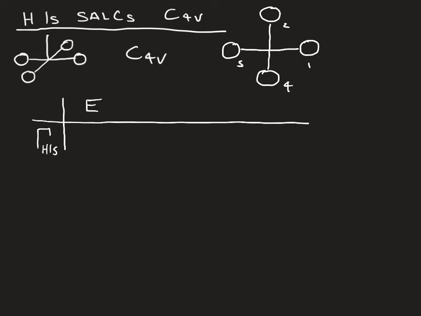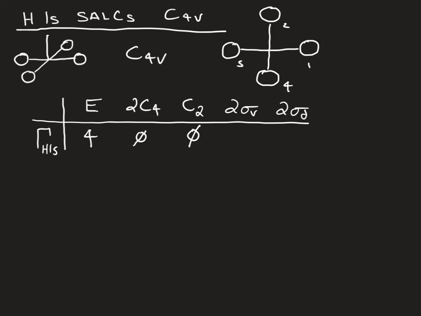So for the C4v point group, we have an E, we have two C4s, we have a C2, we have two sigma V's, and we have two sigma D's. Going through and generating the reducible representation, we get a 4. All the hydrogen atoms stay in the same place. A 0, doing a C4 rotation, changes the position of each one of those hydrogen 1s orbitals. Doing the C2 does the same thing, they all change.